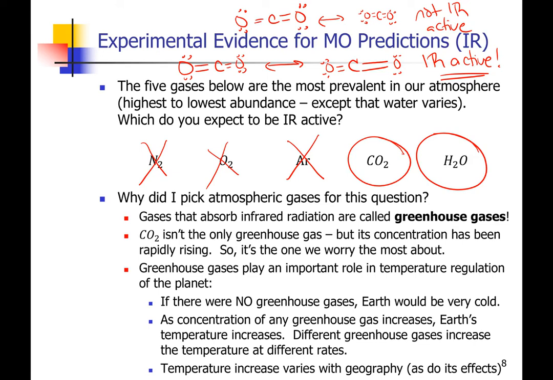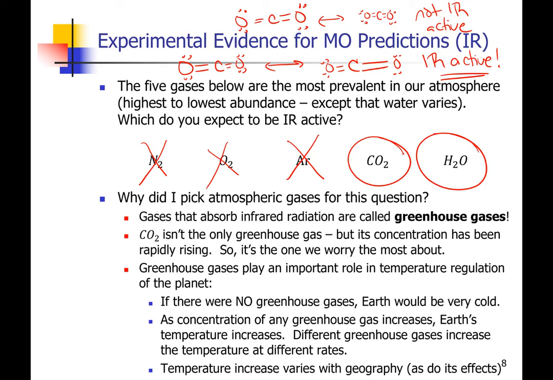We wouldn't be 0 Kelvin or anything like that, but we'd be a lot colder. But if you change the levels of any particular greenhouse gas, you're going to have an impact on the climate. If we were to all of a sudden come up with some technology that sucked all the greenhouse gases out of our atmosphere, it'd get really cold. If we doubled the level of greenhouse gases, it would get really hot.